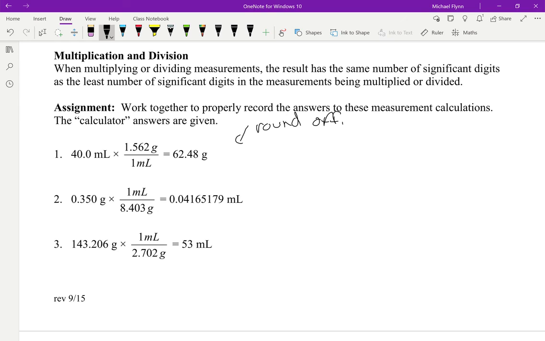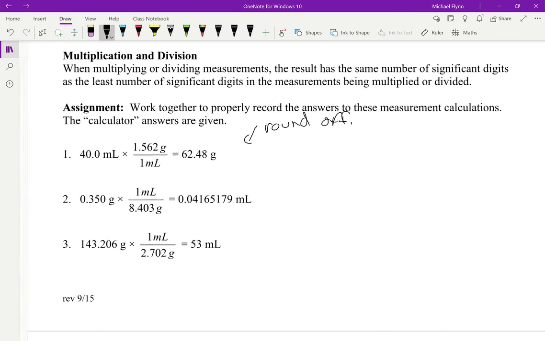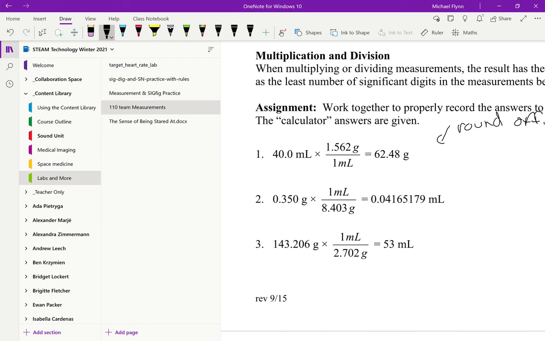Okay, guys, so that's it for the lesson for today. Please complete those sheets. There's not very much there, maybe a half hour of work. I did post a lab there, but we'll save that for when we're in class. It's kind of a fun lab, the sense of being stared at. We'll test your extrasensory powers in the morning of the next day, so Tuesday morning for you.